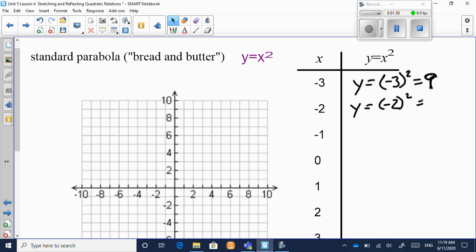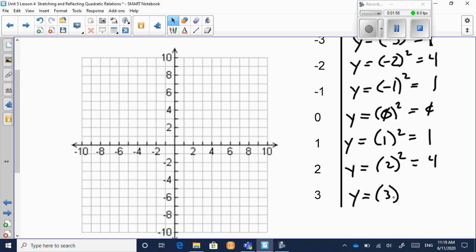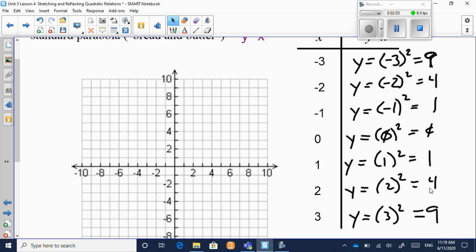Again, a negative times a negative is a positive, so you get 4. Y is equal to -1 squared, so that's 1. Y is equal to 0 squared, which is just 0. And then if we start putting positive numbers in, 1 squared is just 1, 2 squared is 4, and 3 squared is 9. Those are the points on our bread and butter.